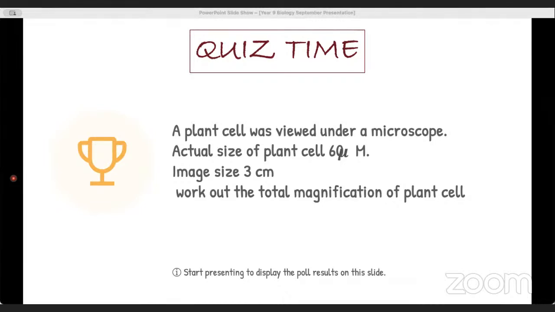So we have the actual size. What did you do as a first step, children?